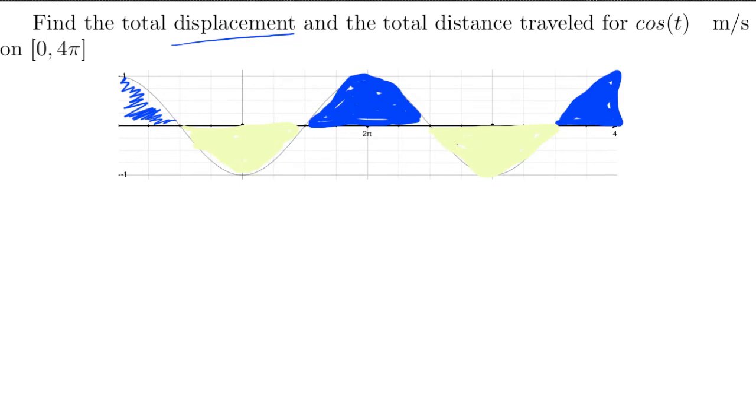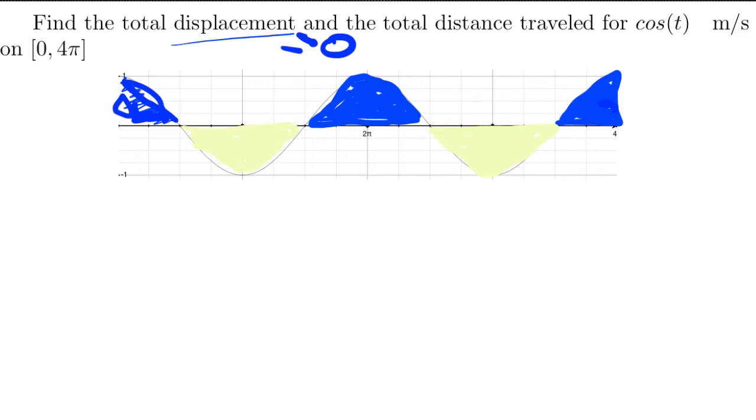So I don't know if the coyote caught the rabbit, but you might notice that the area above the x-axis and the area below the x-axis look to be about the same amount. And so we would expect the displacement to be equal to 0.